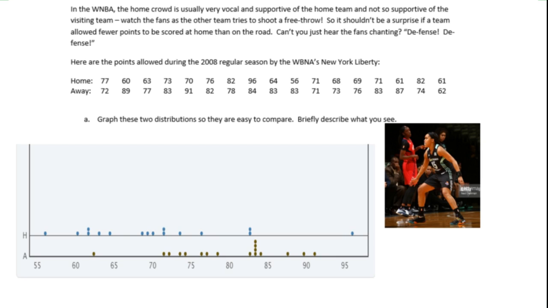It looks like home is slightly skewed to the right with a possible outlier way out here, and away is skewed to the left. So I'm going to write it up here.